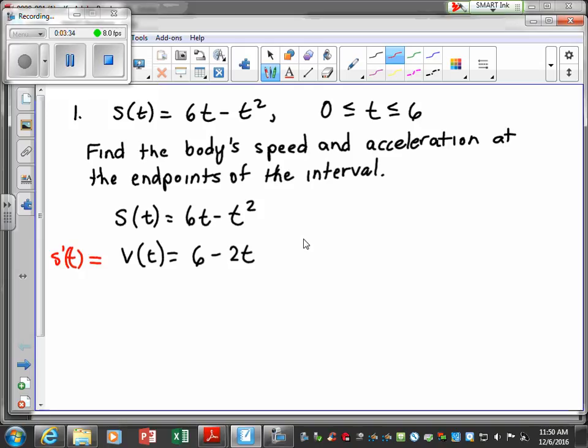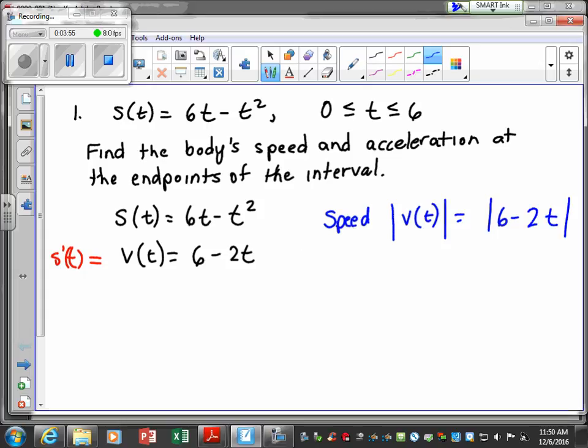We know that speed is the absolute value of velocity. Let me put this in a different color. So speed is the absolute value of our velocity function, which in this case is what? 6 minus 2t. In just a minute, we'll work with that. We'll work with the exact intervals, okay?